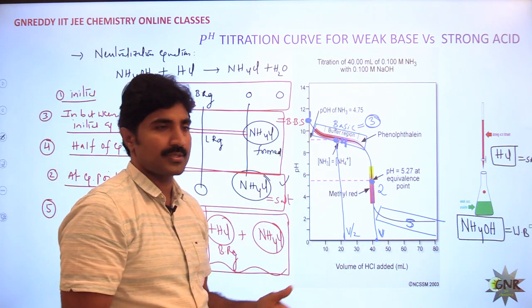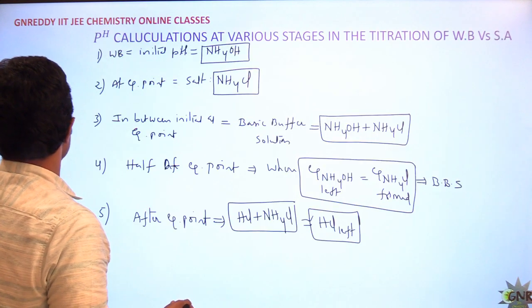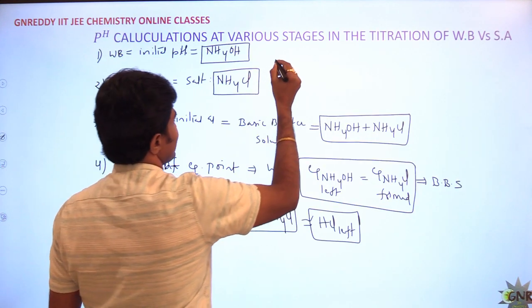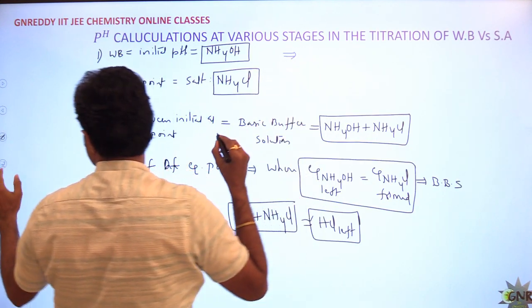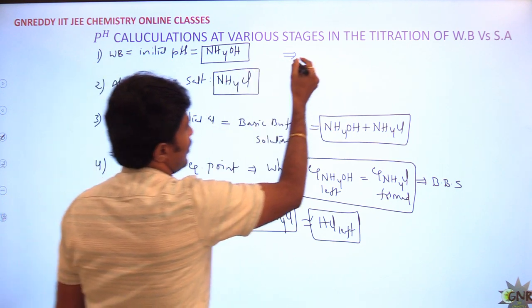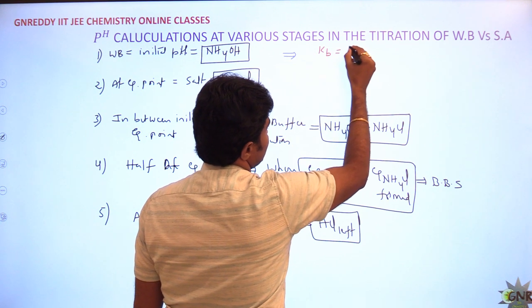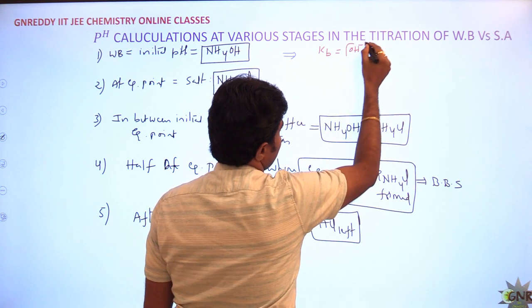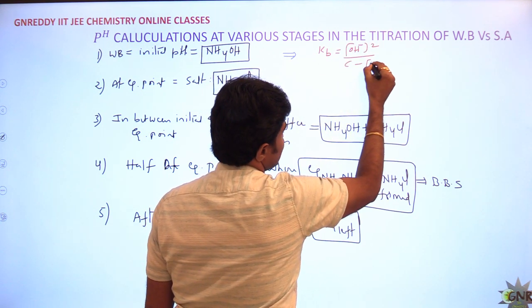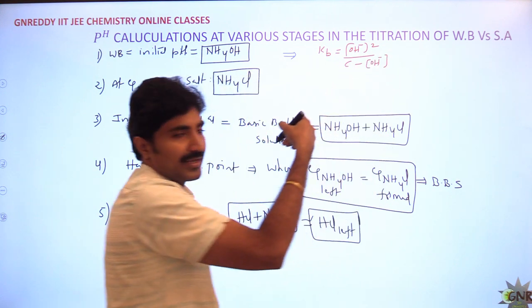In those zones, how do you calculate pH? Those pH values can be obtained by these expressions only. Look at this one: how do you calculate weak base pH? Kb is equal to [OH-] square by C minus [OH-], which I gave previously for exact calculation.